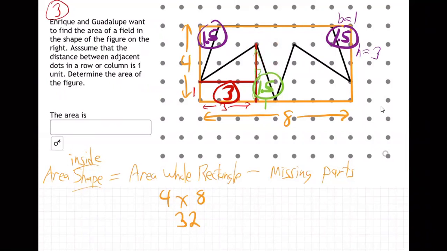Finally, we've got this little zone right here. This is 3, right? This is 1, 2, 3 squares and 1, 2. This is a 3 by 2 triangle. So you multiply one side by the other. 3 times 2 is 6.